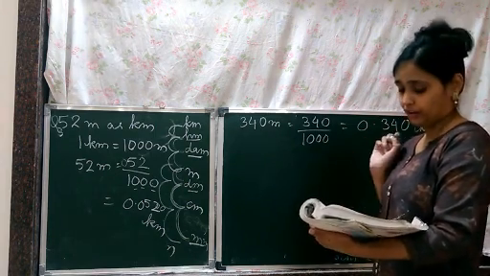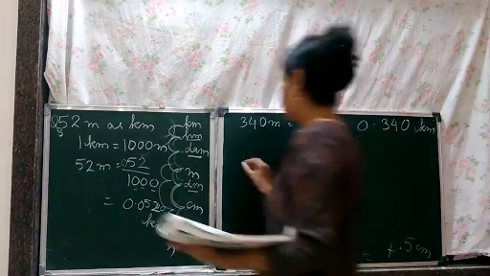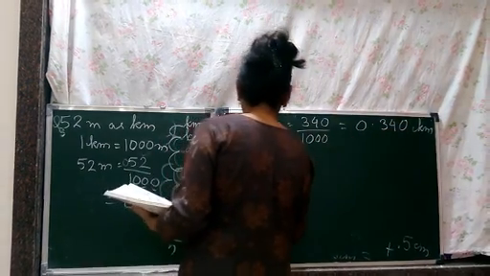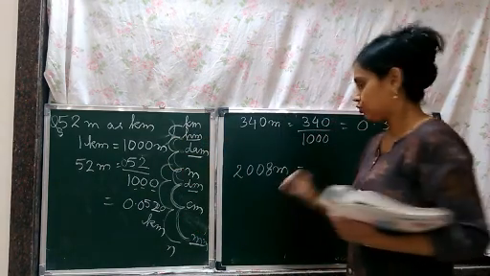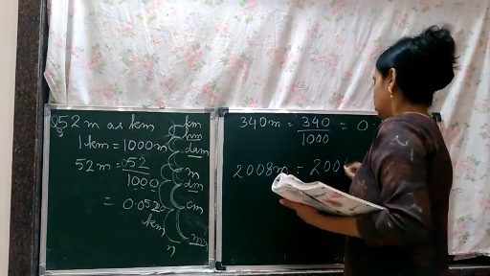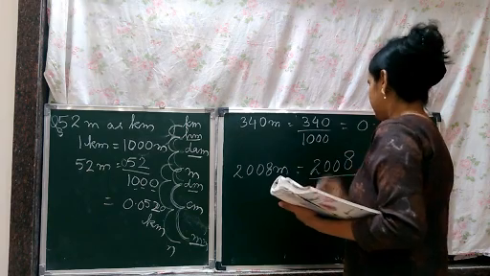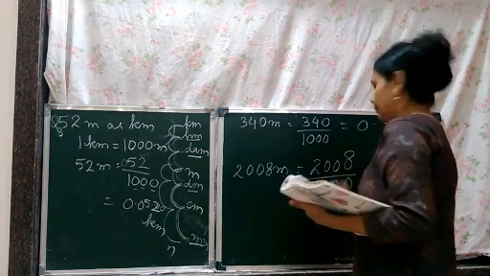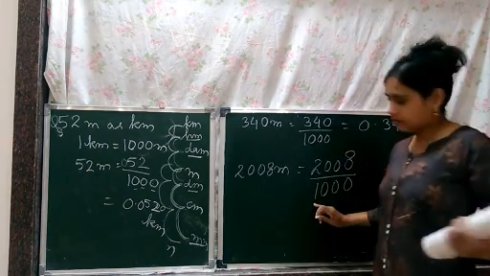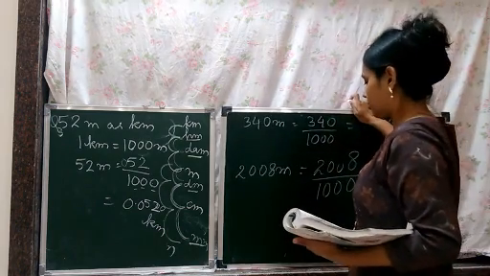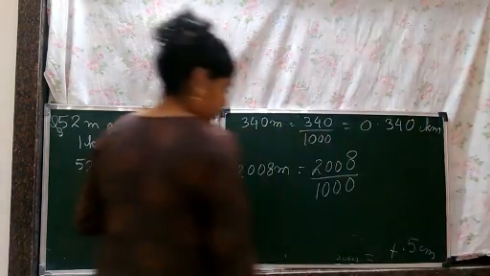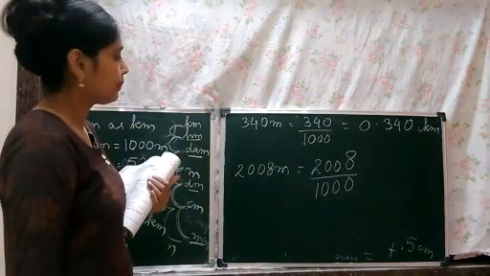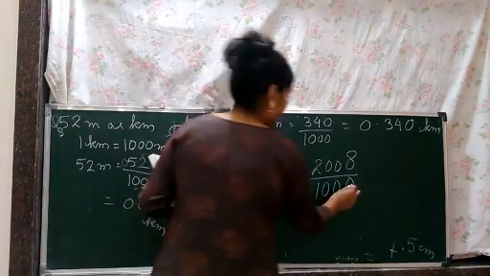Then how will you write this? Third part of question number 3. How will you write 2008 meters into kilometers? Same way. 2008 will be divided by 1000.